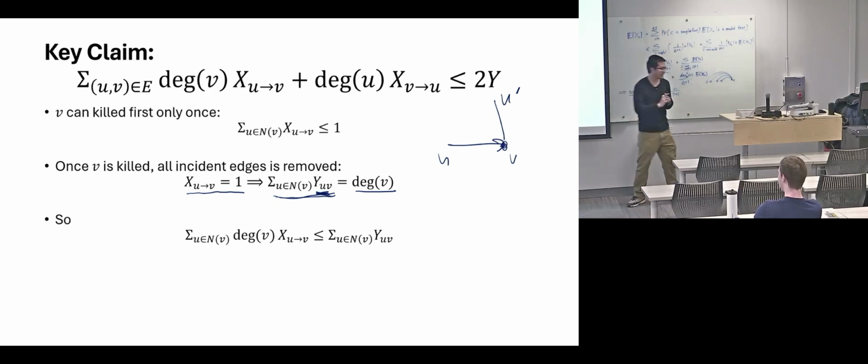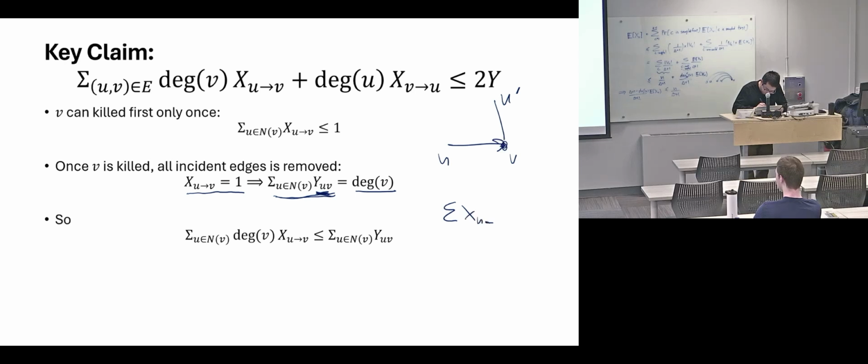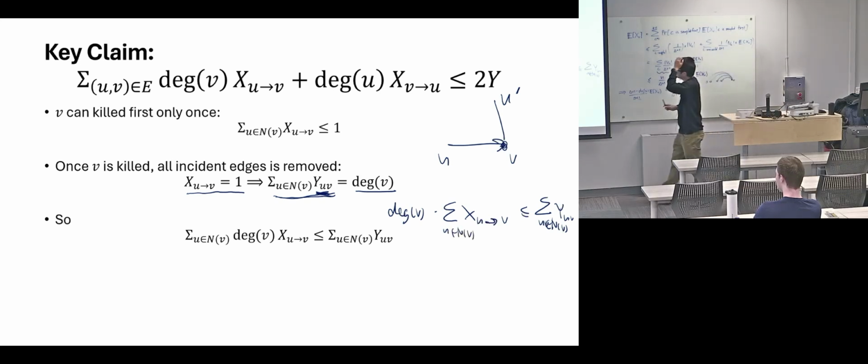So I'm just saying that this sum times the degree of v is at most this thing, u neighbor of v. And why is this? There are just two cases. Either this is 0.